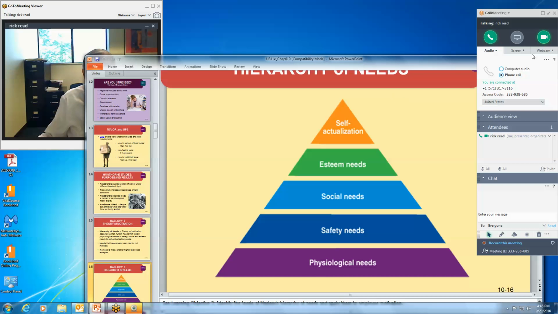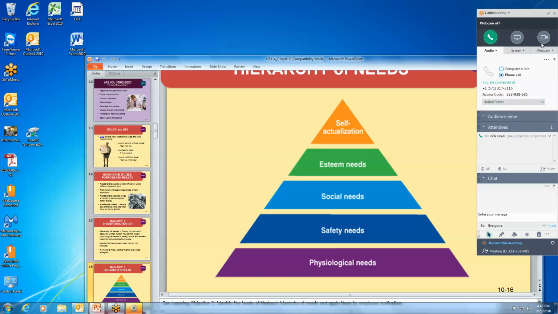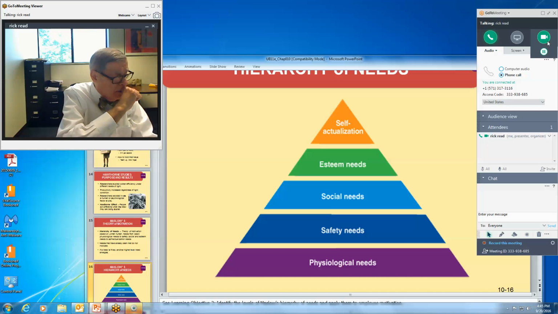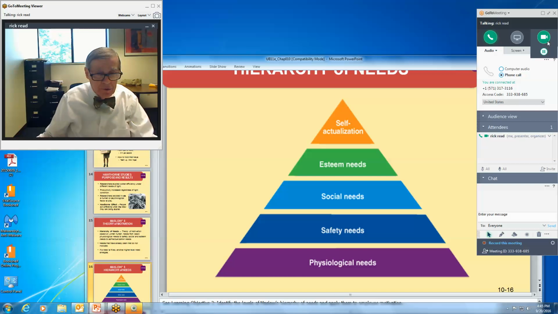By the way, you can see this in your text on page 274, figure 10.1. And you notice here that physiological needs and safety needs are at the lowest level, and you move to social, esteem, and self-actualization. Now, some of Maslow's original work said that nobody actually ever reaches self-actualization because there's always something else that they have to move forward to.